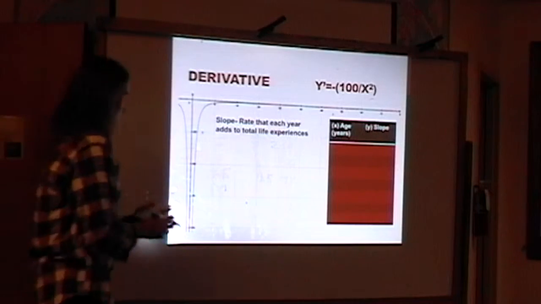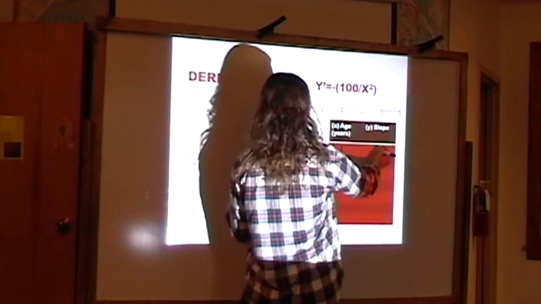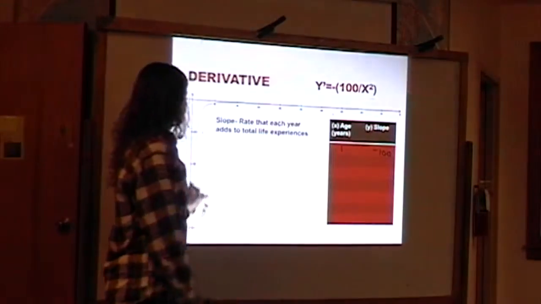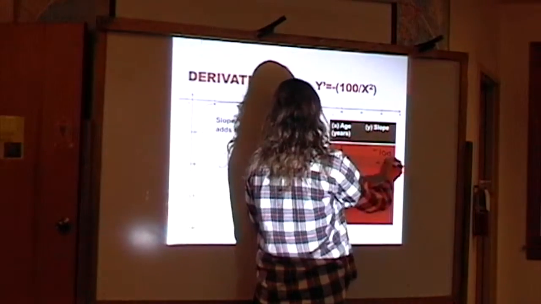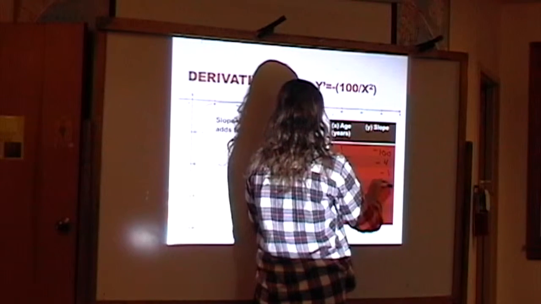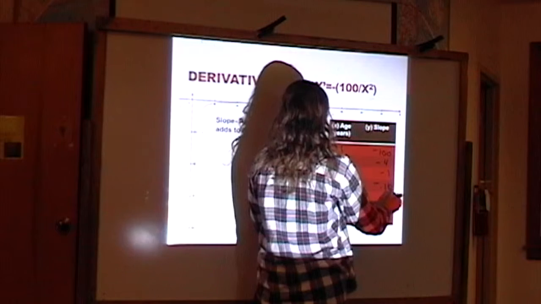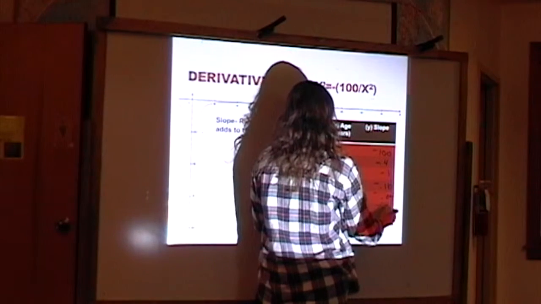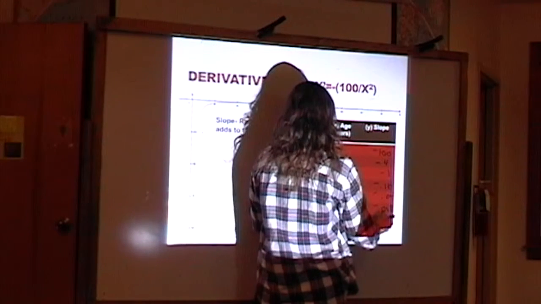So at 1 year, you're at negative 100, so you're adding that rate really, really quickly. At 5, you're negative 4, 10, negative 1, 25, negative 0.16, 50, negative 0.04, 75, negative 0.018, and 79, you're at negative 0.016.